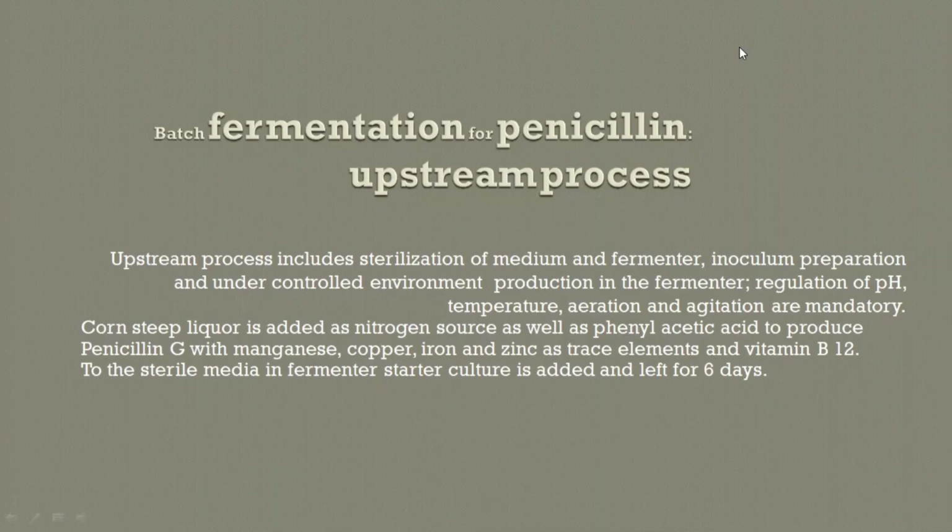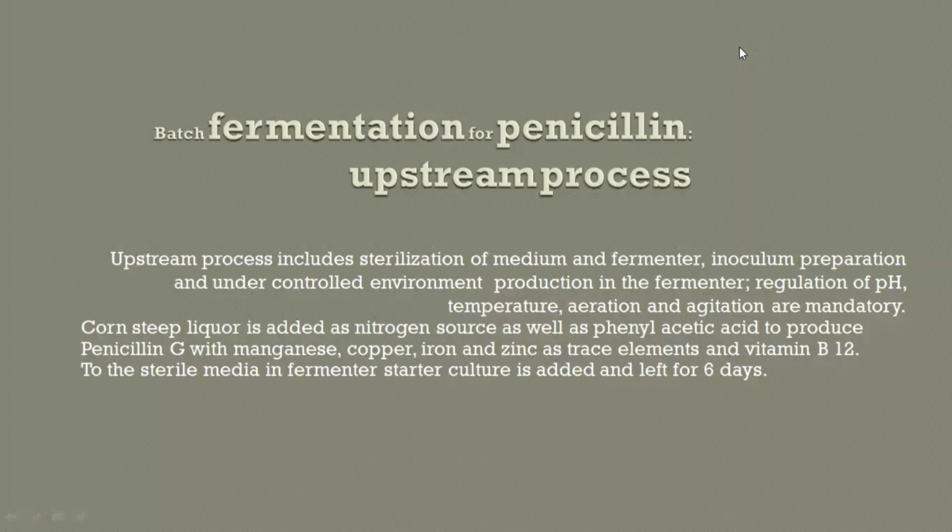Now, penicillin production by the fed batch method, in the upstream process, involves sterilization of the medium and fermenter, inoculum preparation, and production under a controlled environment. The upstream process involves regulated pH, temperature, aeration, and agitation.